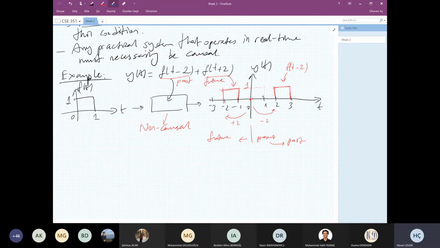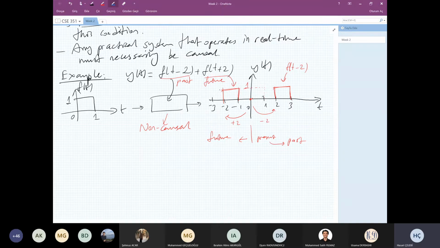But the important question is, we need to realize or implement this system in a processor. On the other hand, a practical system must be causal. So how do we convert a non-causal system into a causal system so that we can implement or realize it in practice?